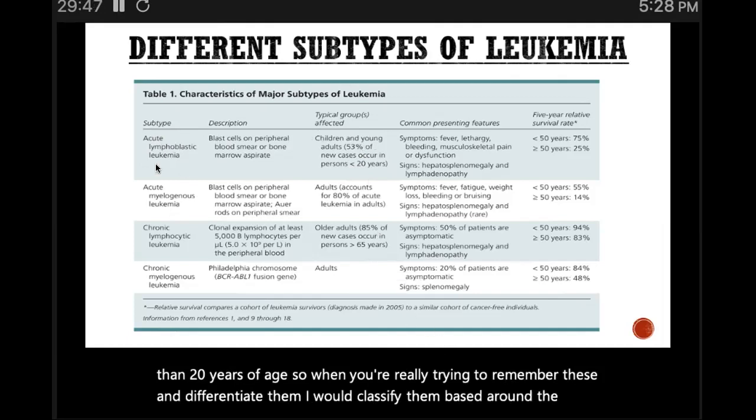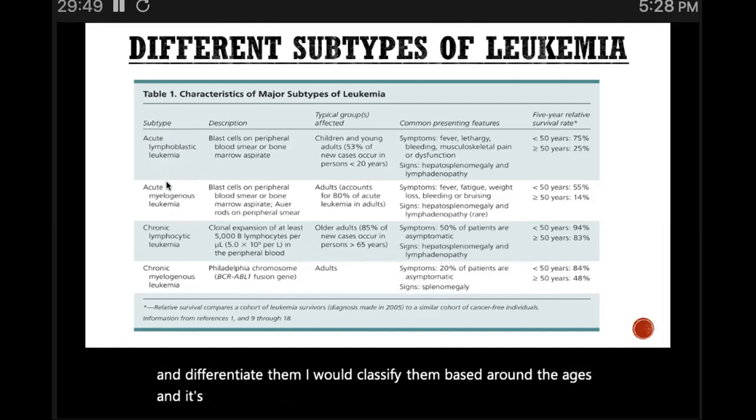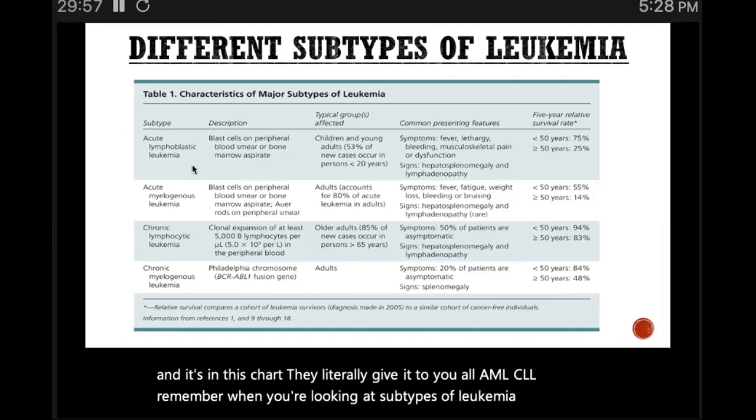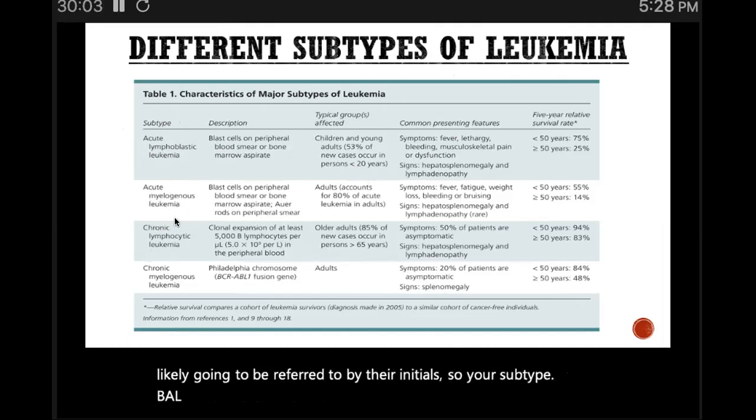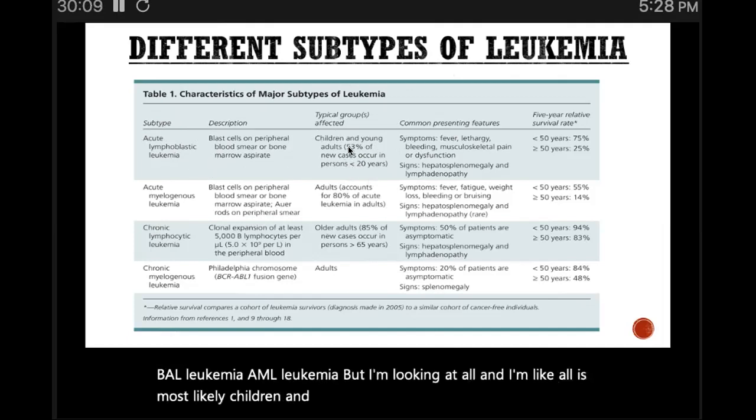And in this chart, they literally give it to you: ALL, AML, CLL. Remember, when you're looking at subtypes of leukemia, they're likely going to be referred to by their initials. So your subtype would be ALL leukemia, AML leukemia, but I'm looking at ALL and I'm like, oh yeah, ALL is most likely children and young adults because 53% of the new cases occur in people less than 20.